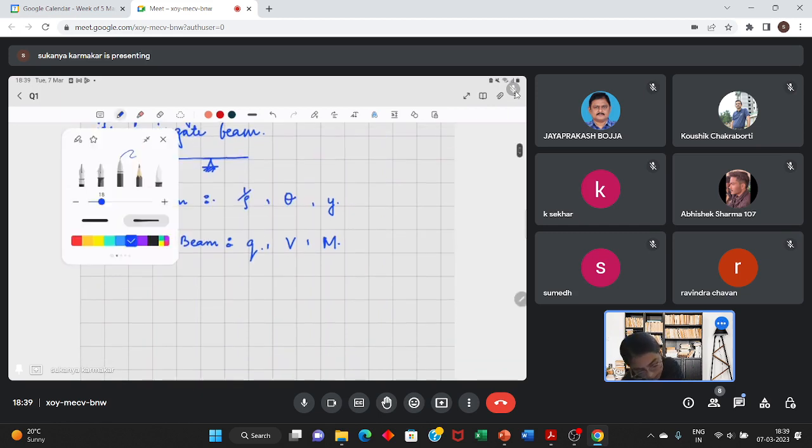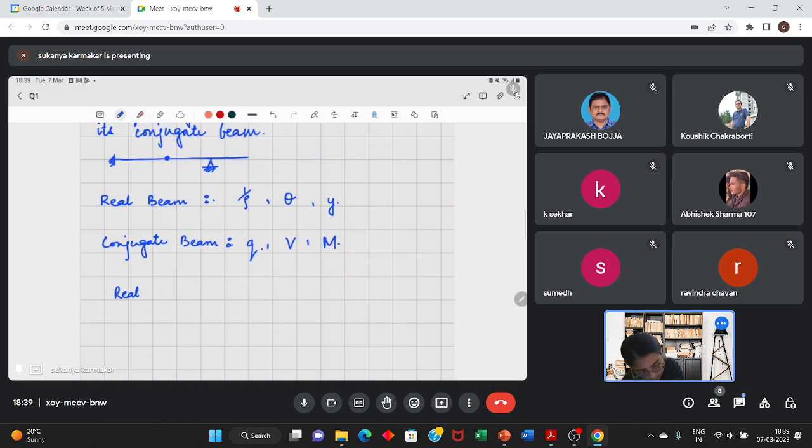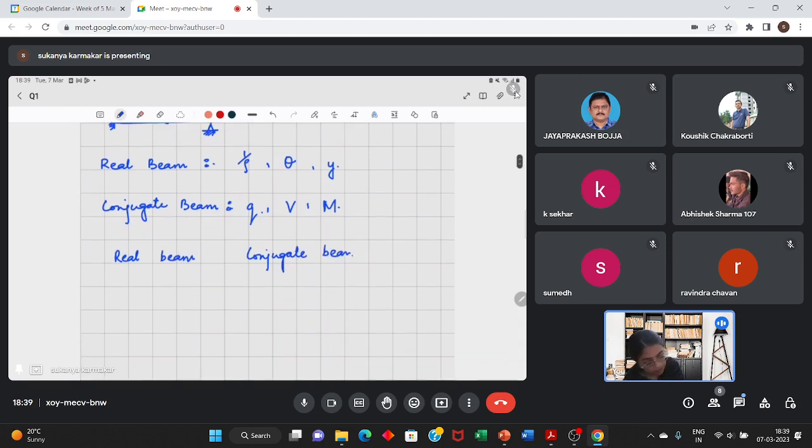So let me draw it in terms of a table. In a real beam, if the end is free, in the conjugate beam it should be fixed, because as I explained, in the real beam at the free end, if there is slope and deflection, in the conjugate beam there should be shear and moment. So for shear and moment to exist, it should be a fixed end. It can't be a free end.